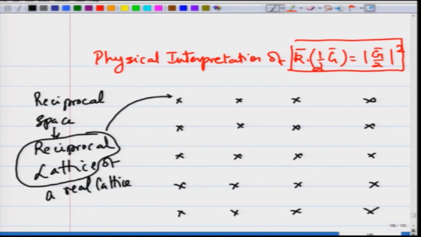These are all reciprocal lattice points, and now in this space, from any point I can draw a reciprocal lattice vector G. So, 2 points in my reciprocal lattice are connected by the reciprocal lattice vector G. Then this condition, k dot half of G, corresponds to all the wave vectors which fall on the perpendicular bisector of this reciprocal lattice vector. So, I can draw the perpendicular bisector of this reciprocal lattice vector.